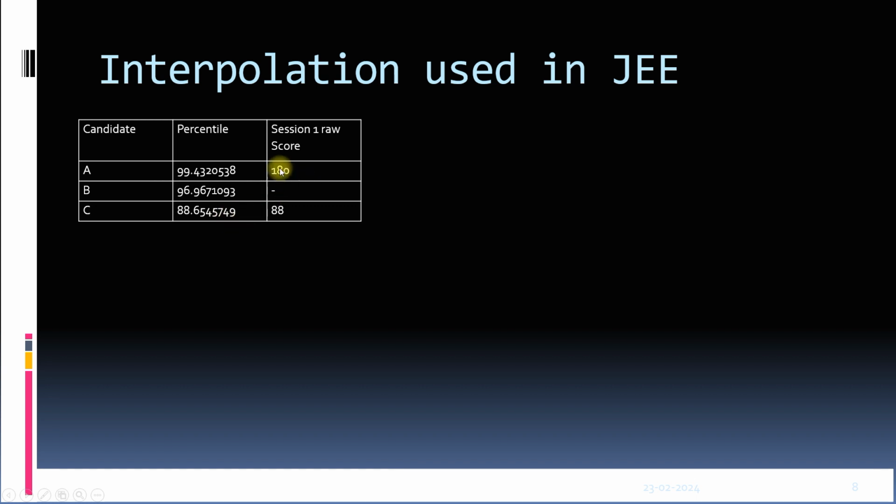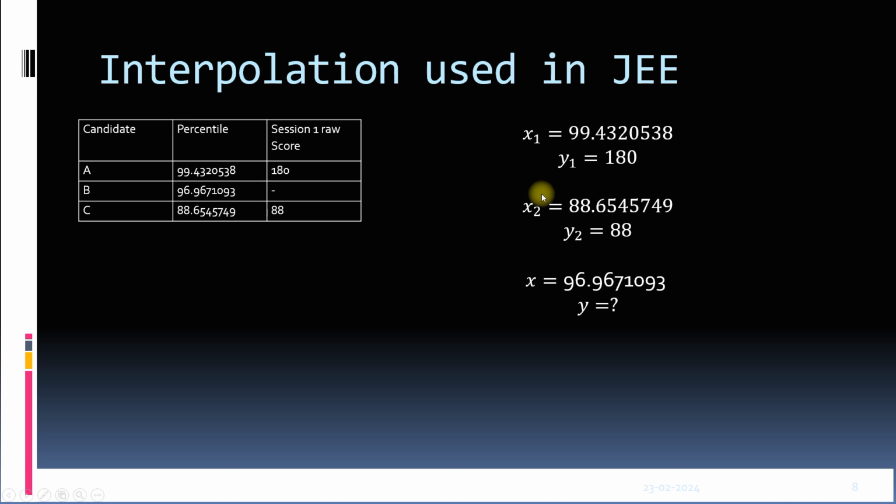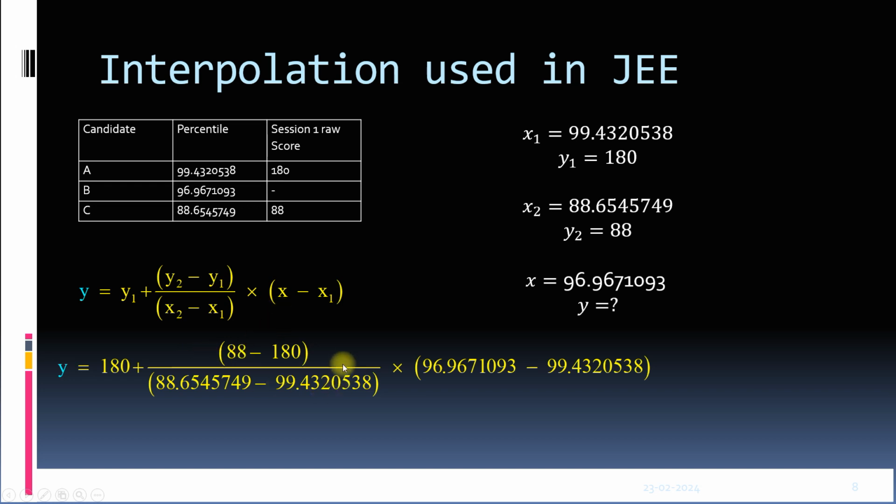Session 1 raw scores are given for candidates A and C. There is a need to predict the score for candidate B. Writing percentiles in terms of x and scores in terms of y, and applying the formula, we'll get y equal to 158.95, which is the interpolated score of candidate B. If you are wondering where this candidate B has come from, who has a percentile but no session 1 score, this candidate is from some other session.